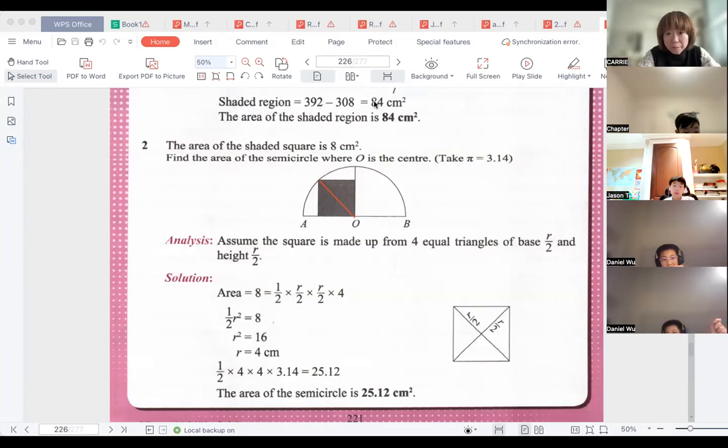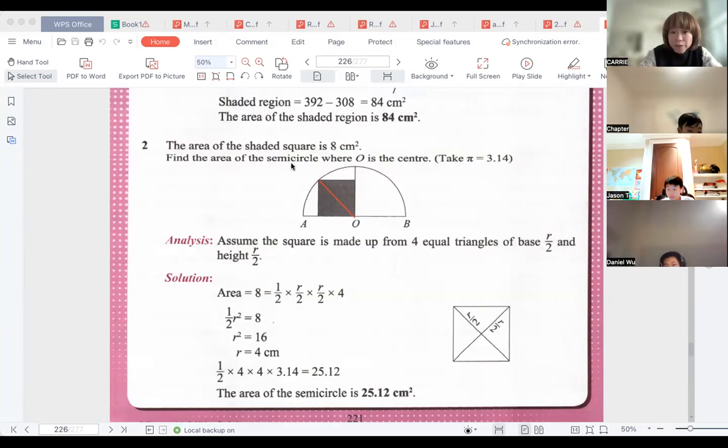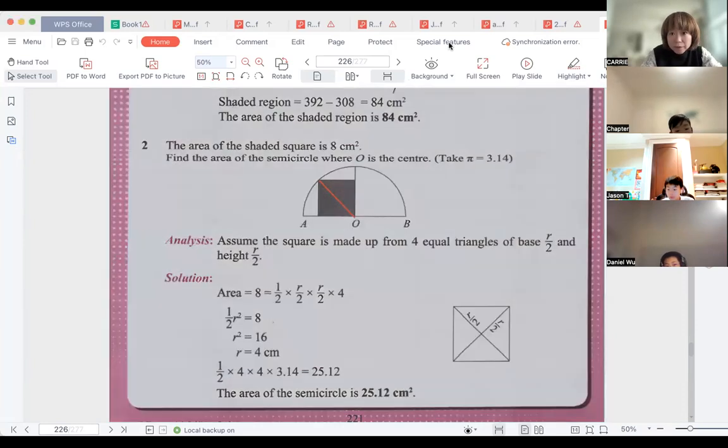So why is this red line so important? Because it's the radius of this semicircle. Yes, that's the radius of the semicircle. Chapter, this one is definitely a right triangle. Do you agree with me? If I say this side is A and this side must be A, why, Jason? Because the shaded one is a square.